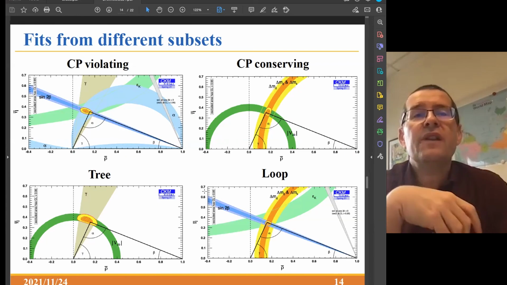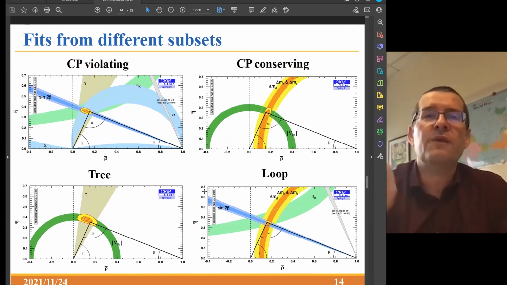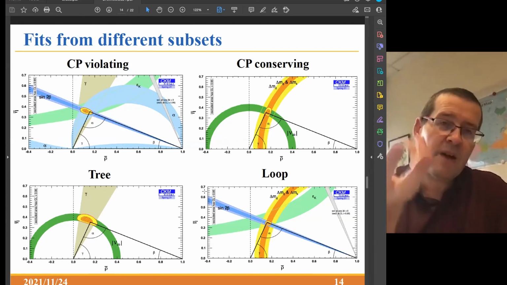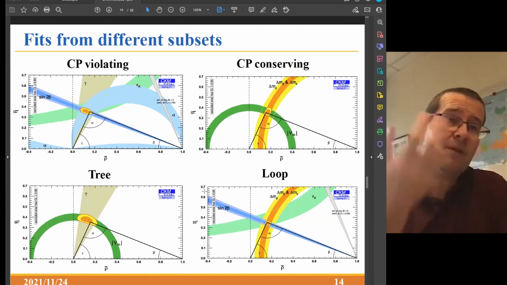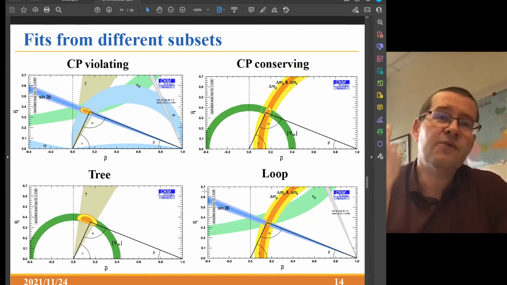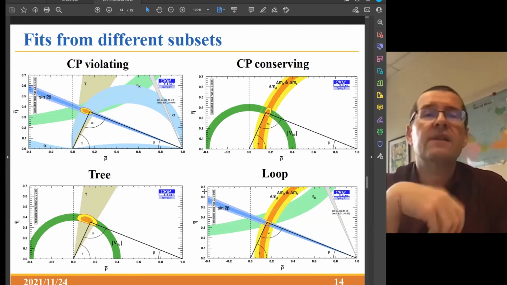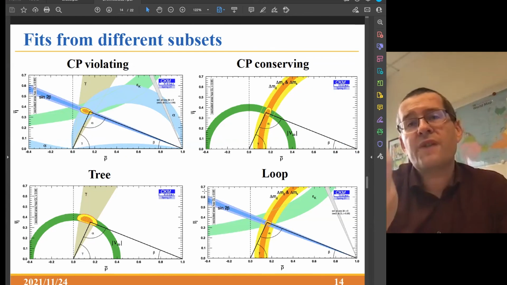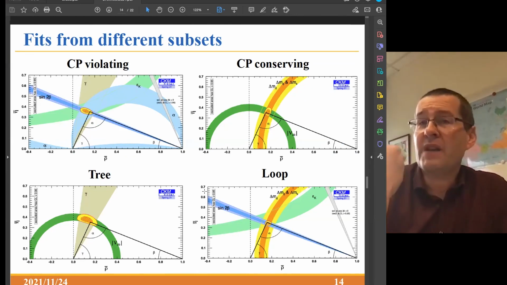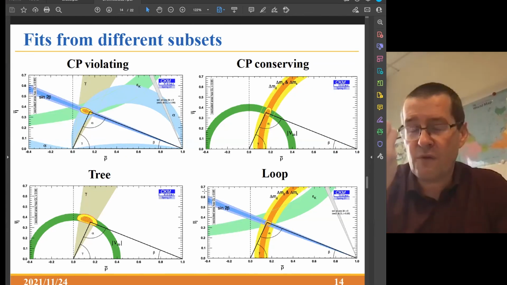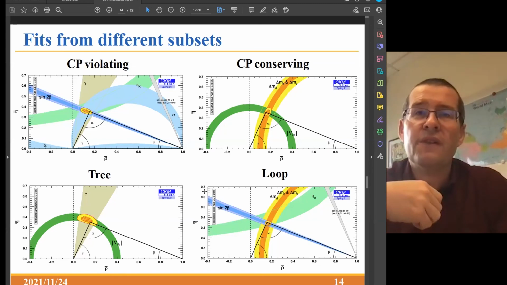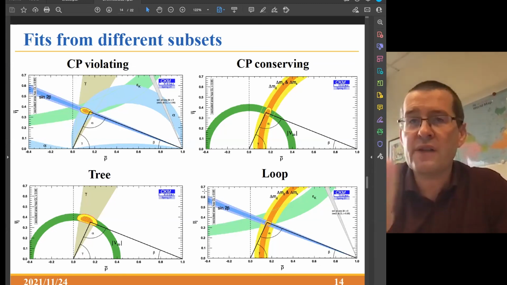And then you can also think in terms of tree versus loop. So when you have on one side all the semi-electronic decays, but also gamma, because I told you it was related to the interference between tree decays, whereas other processes involve loops because they involve mixing in particular. And so you have the box diagrams that are present and that can be potentially more affected by new physics.